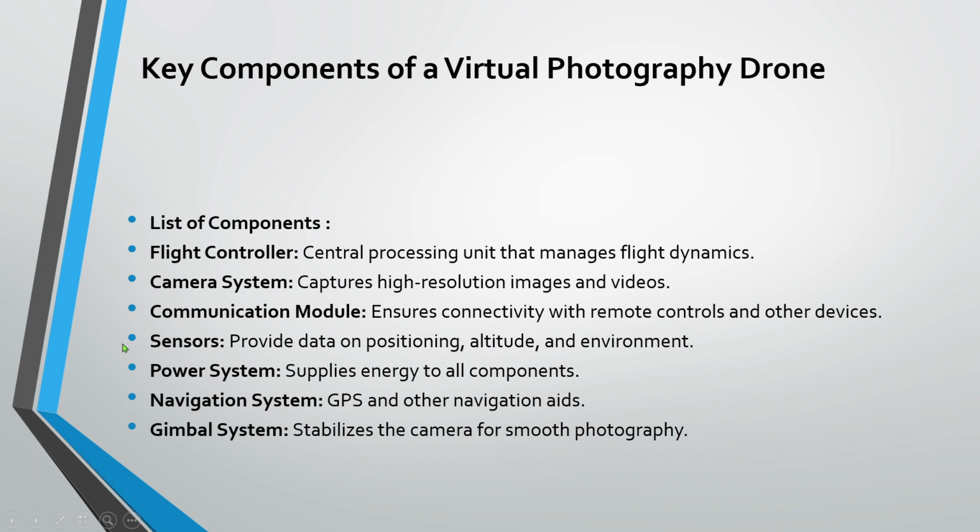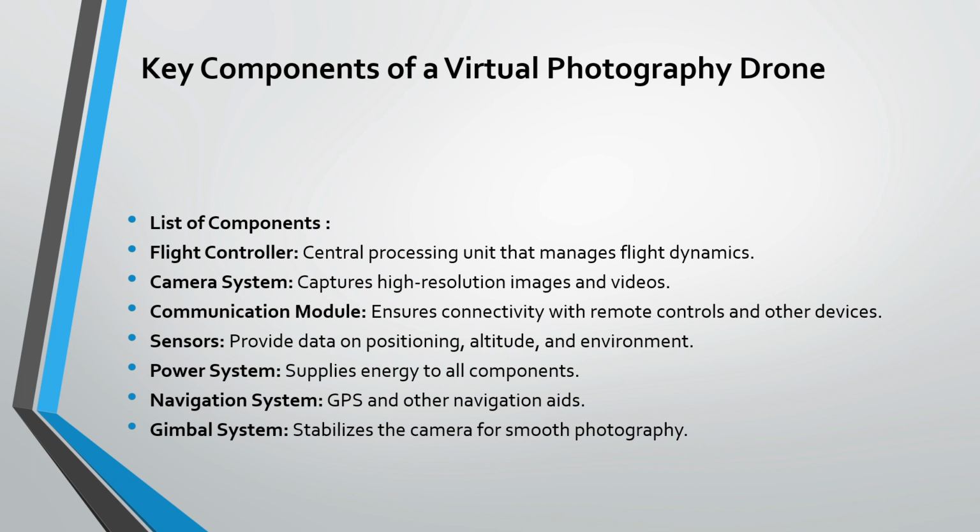So first we have to understand the key components of the drone. A drone has some key components like a flight controller, camera system, communication module, sensors, power system, navigation system, and gimbal system as well. So what is the flight controller?